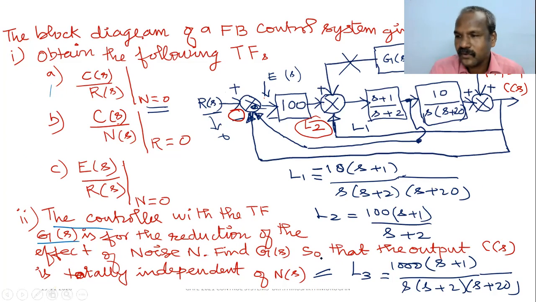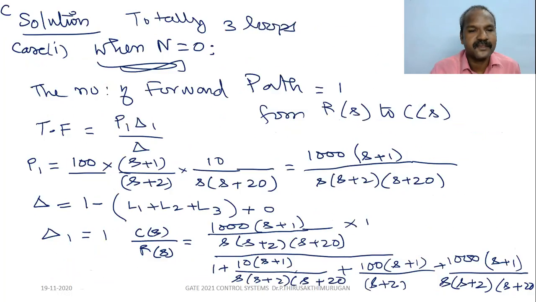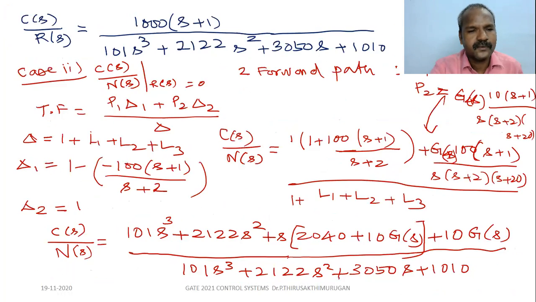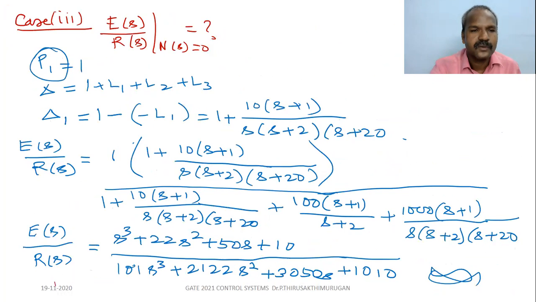We have to follow the second case, c of s by n of s. In case 2, there are 2 forward paths. The effect of n of s should be equal to 0.